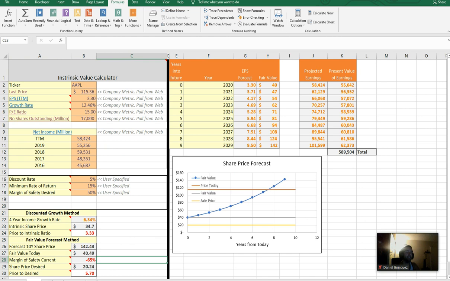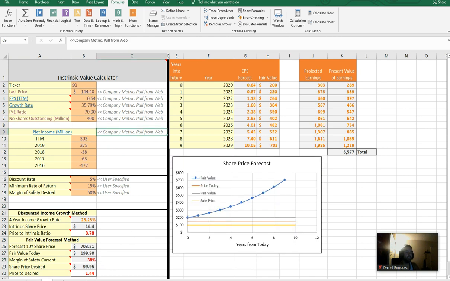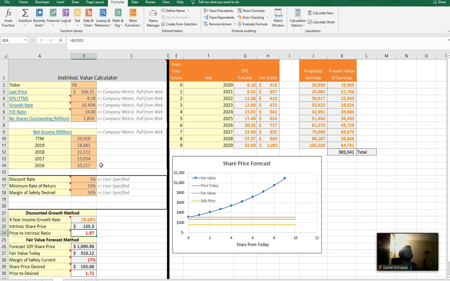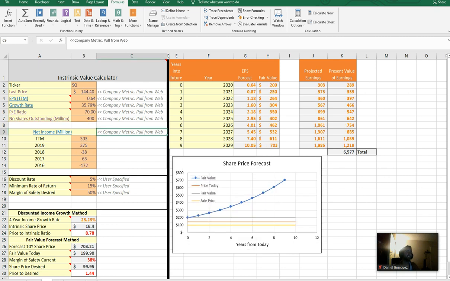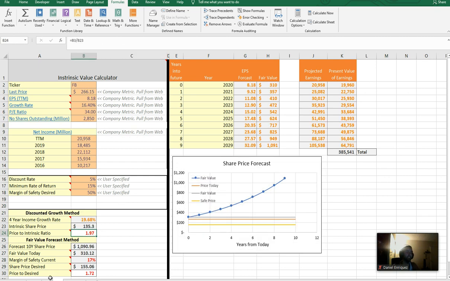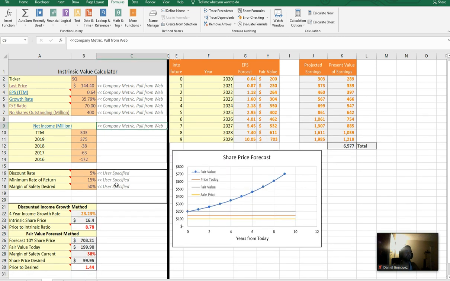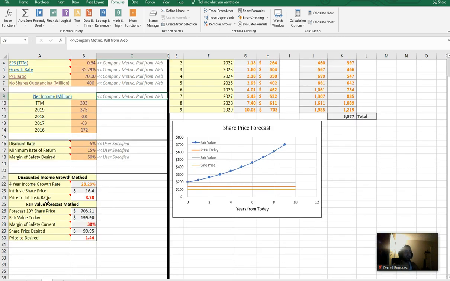So in this spreadsheet, I've done the same analysis for Square and Facebook. You can just click on these tabs at the bottom to see what those analyses look like. Square has a slightly more reasonable fair value forecast, trading at 1.4 times the price we desire.